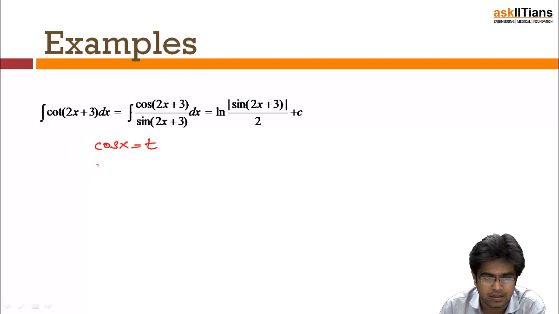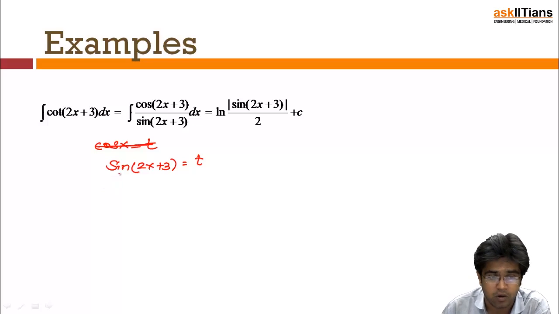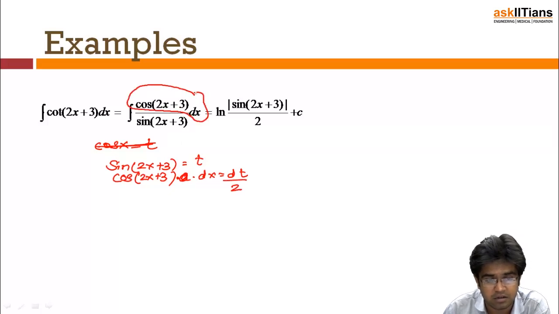Now if I put sin of 2x plus 3 as t, then what will happen? What is differentiation of sin x? Differentiation gives cos of 2x plus 3 dot 2 dot dx is dt. So if I put the 2 here, that means this dt is available.